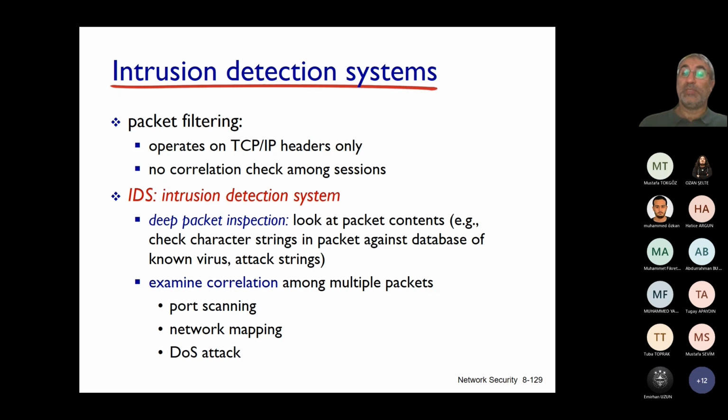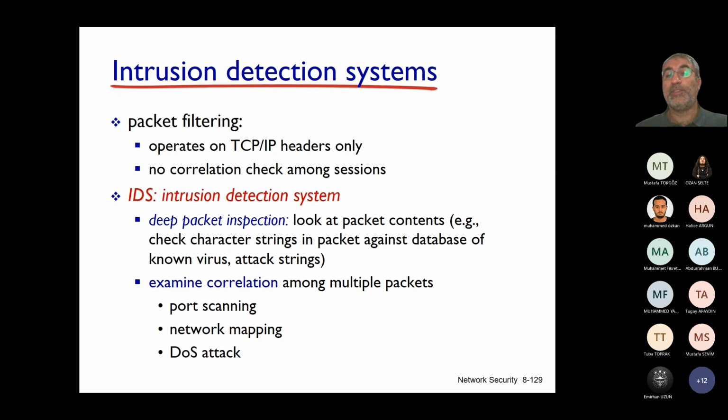You receive the packets into your network and look at each packet's contents, by checking the character strings in the packet against the database of known virus or attack strings. So you inspect these incoming packets. This is called deep packet inspection.